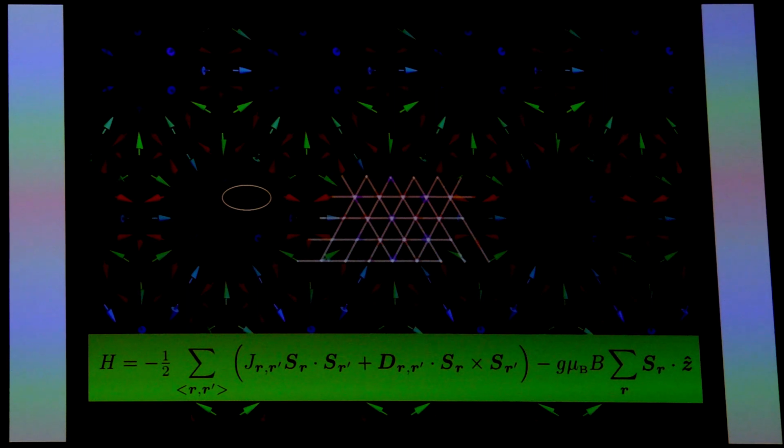Then I have an interfacial Dzyaloshinskii-Moriya interaction that favors neighboring spins to form a relative angle with each other. And finally, there's a coupling to an external magnetic field that's pointing out of the projection towards you, that favors alignment along the magnetic field direction.